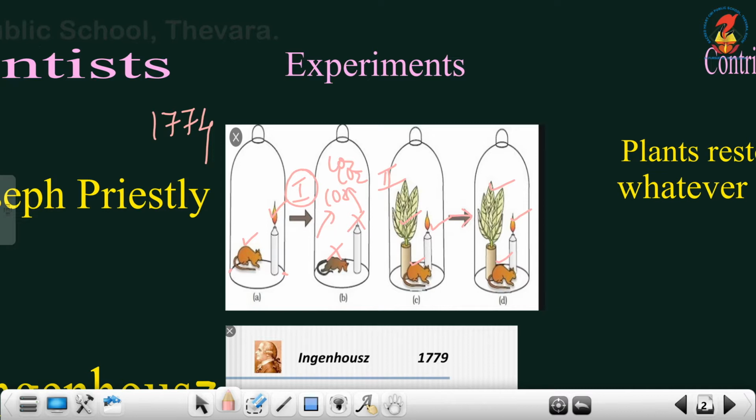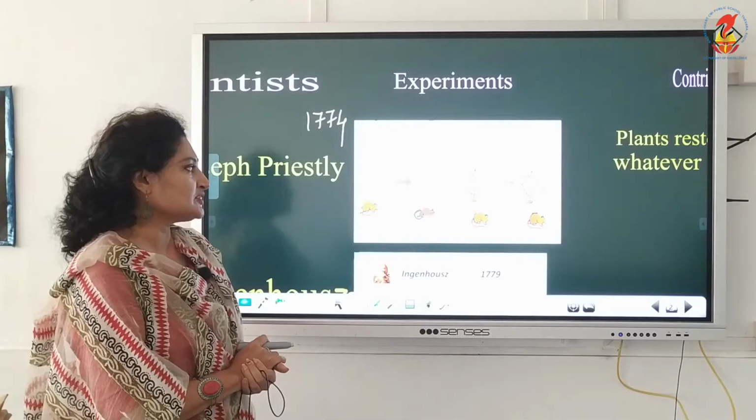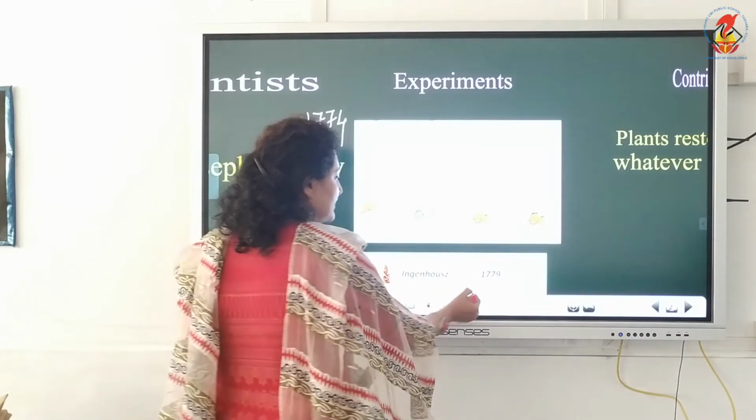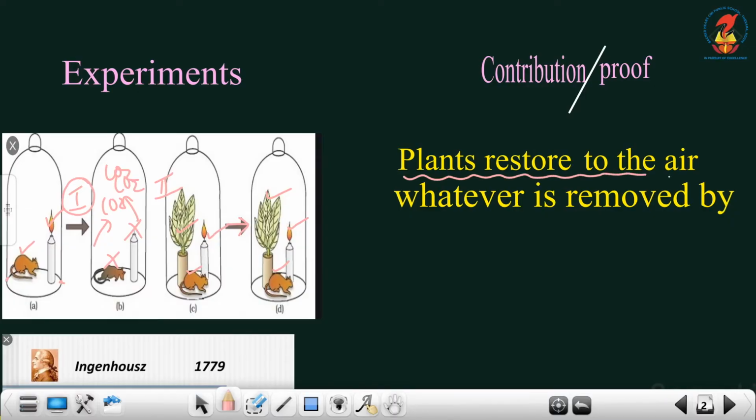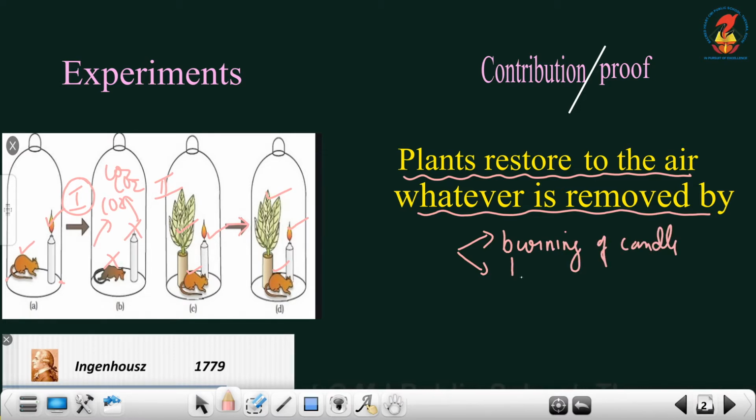The animal was alive and agile, the burning candle was continuously burning, and the plant also was intact without any problem. So he hypothesized that plants restored to the air whatever is removed by burning of the candle and by the breathing of the animal.